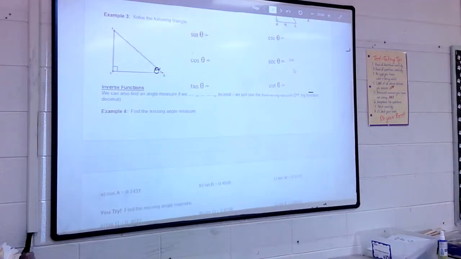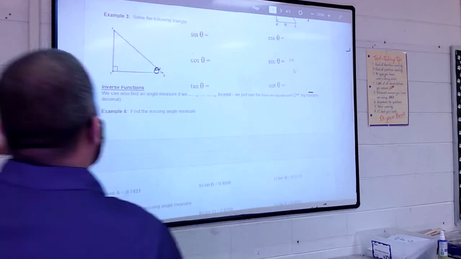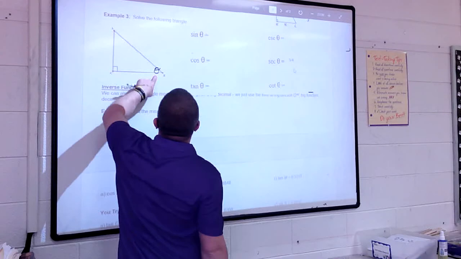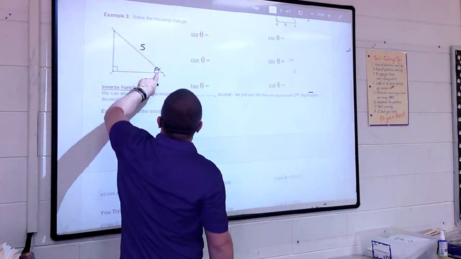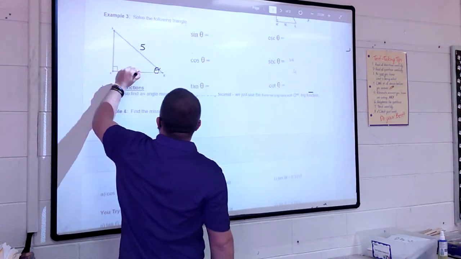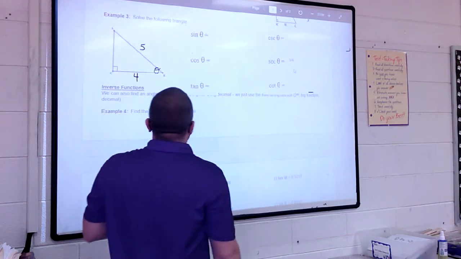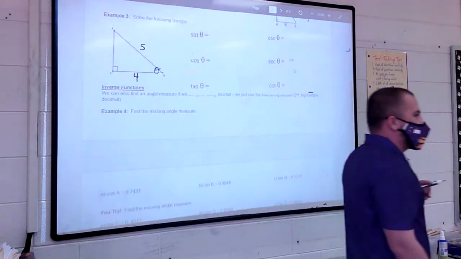So what is secant? What is the formula that we wrote above? Hypotenuse over adjacent. Okay, so if secant is 5 over 4, hypotenuse must be 5, and adjacent must be 4. So we know 2 of the sides there.